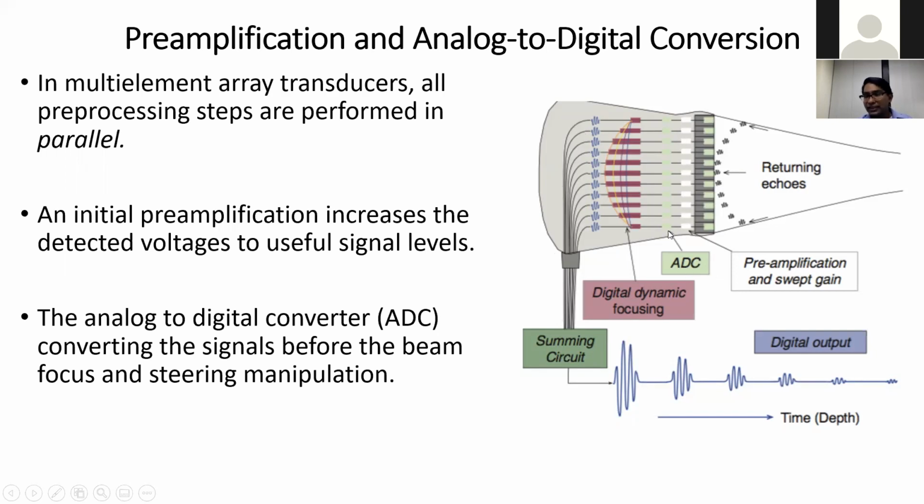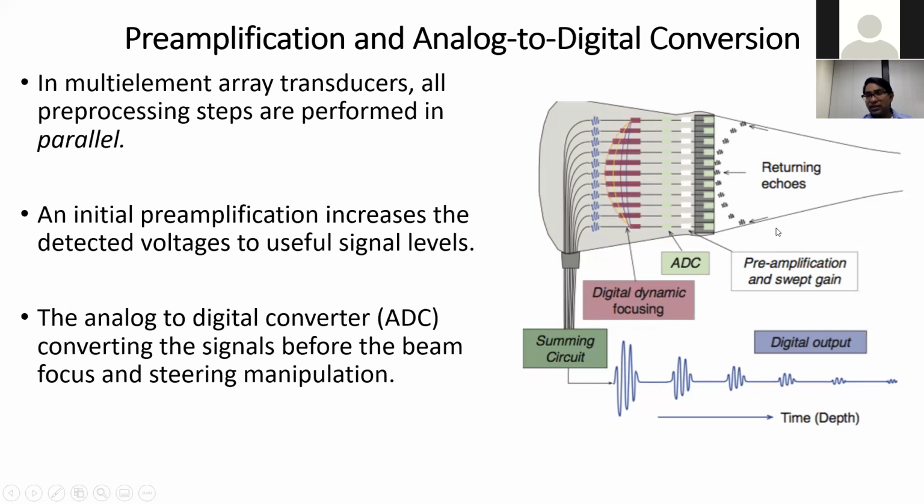So the role of the ADC is to convert this analog signal into a digital signal. And once we have digitized the signal, then we can apply any delay that we want. So depending upon where we are focusing these returning echoes from, we can decide on the different delays that we want to apply to focus at a particular location. So for example, if you are focusing here at this point, you want this element to have the smallest delay and this element to have the longest delay.